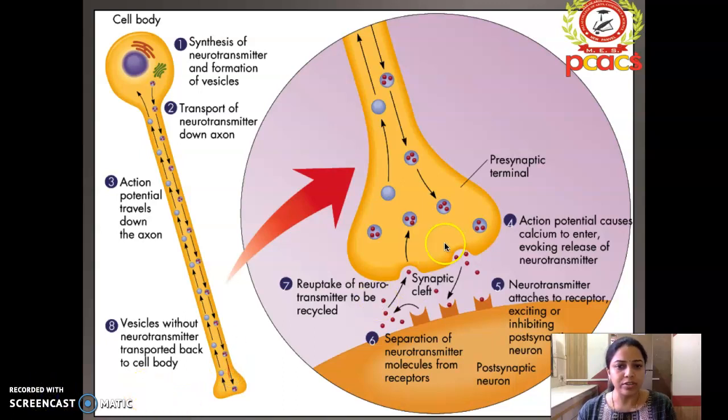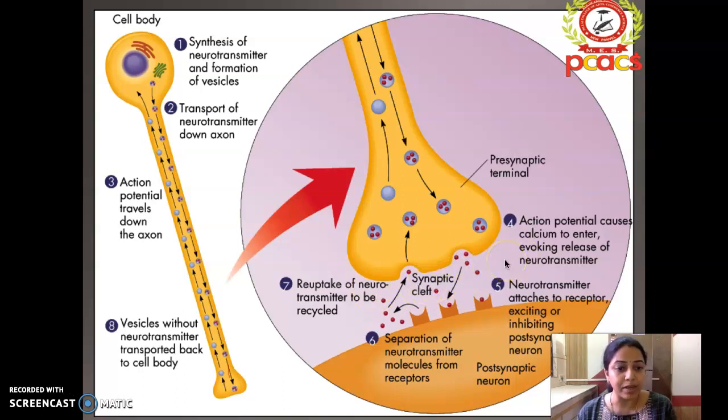Once it has reached the synaptic knob, whenever the stimulus is reached and this axon undergoes depolarization, we will be seeing the concept of depolarization shortly. Whenever the depolarization happens, these synaptic vesicles will fuse with the membrane of this axon, and the neurotransmitters would be released in the synaptic cleft.